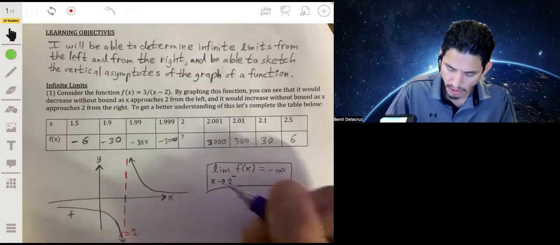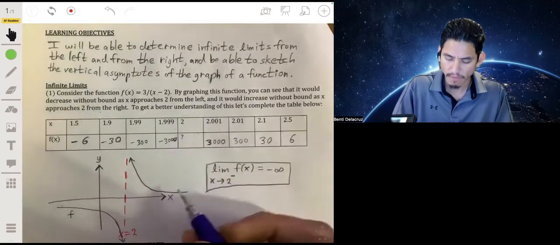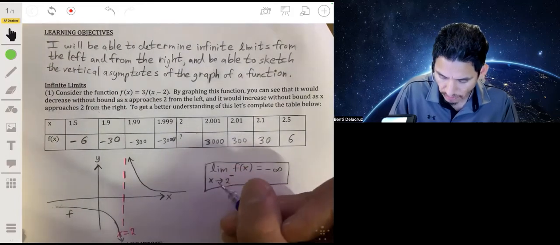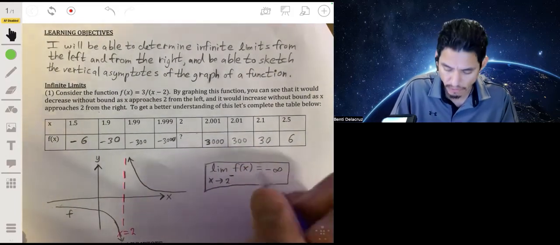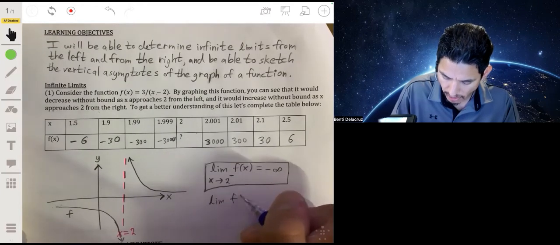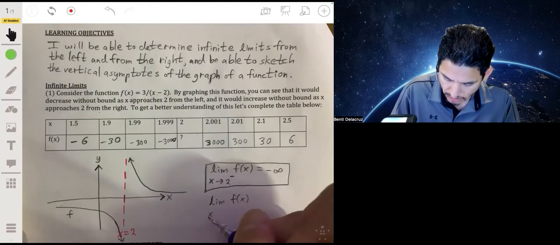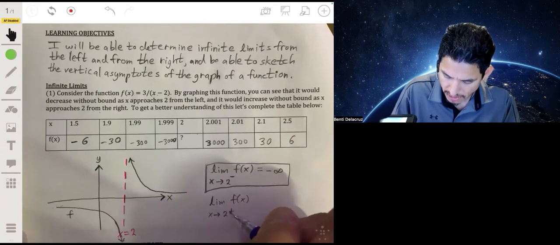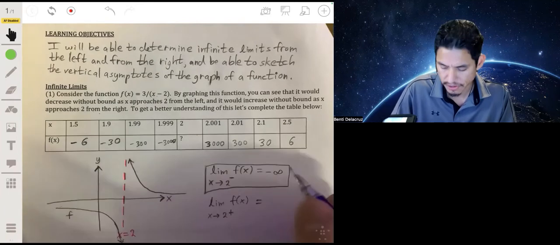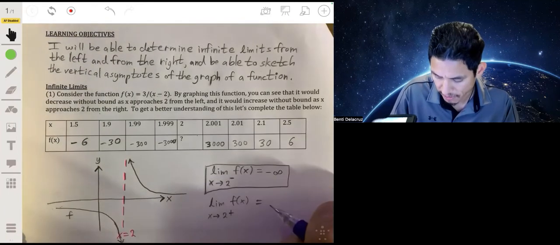And when we're approaching this graph from the positive side, we're talking about the limit as x approaches 2 from the right side. So the one-sided limit of f of x as x approaches 2 from the positive side, instead of being negative infinity, would be positive infinity. Usually you can just write infinity without a sign.